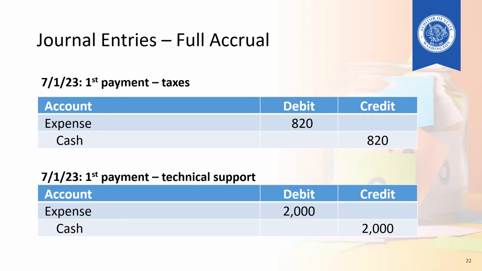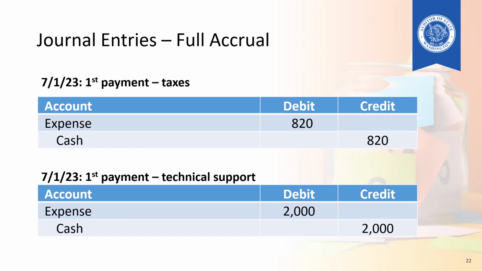And we also had to pay $820 for taxes and $2,000 for technical support. And these are not a part of the SBITA liability or asset calculations. Instead, these are reported as expenses when the payments are due. It's recorded like any other expense. We debit expense and credit cash.